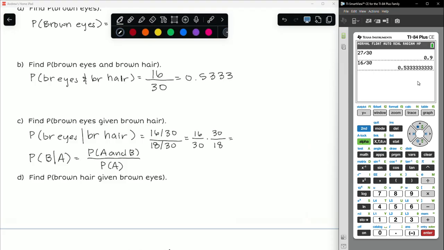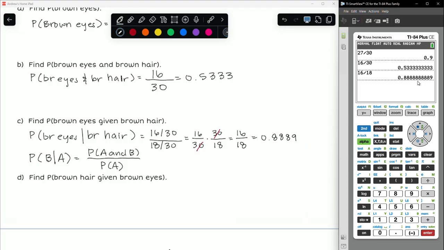You'll notice those 30s are going to cancel. So what I actually get is 16 over 18, and that's 0.8889, or 88.89%. So knowing that a student has brown hair, there's an 88.89% chance that they're also going to have brown eyes.